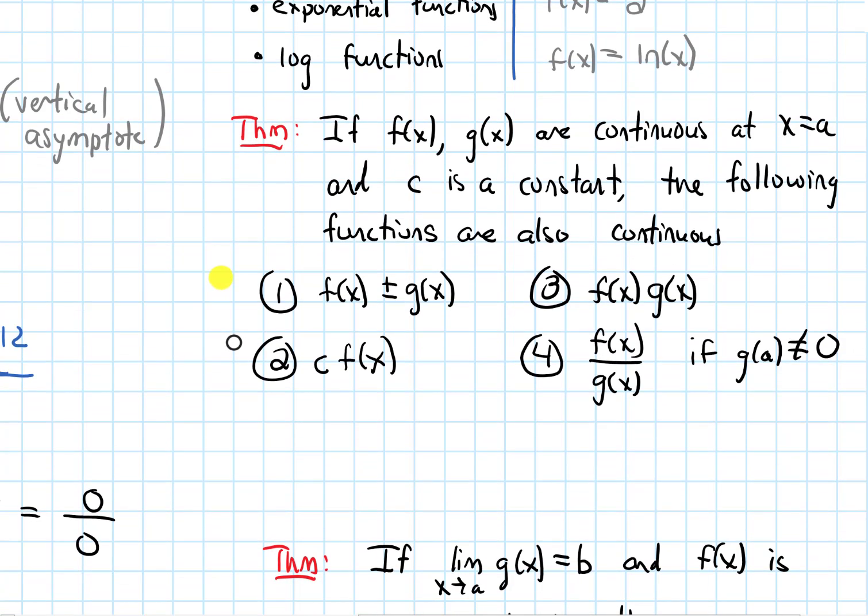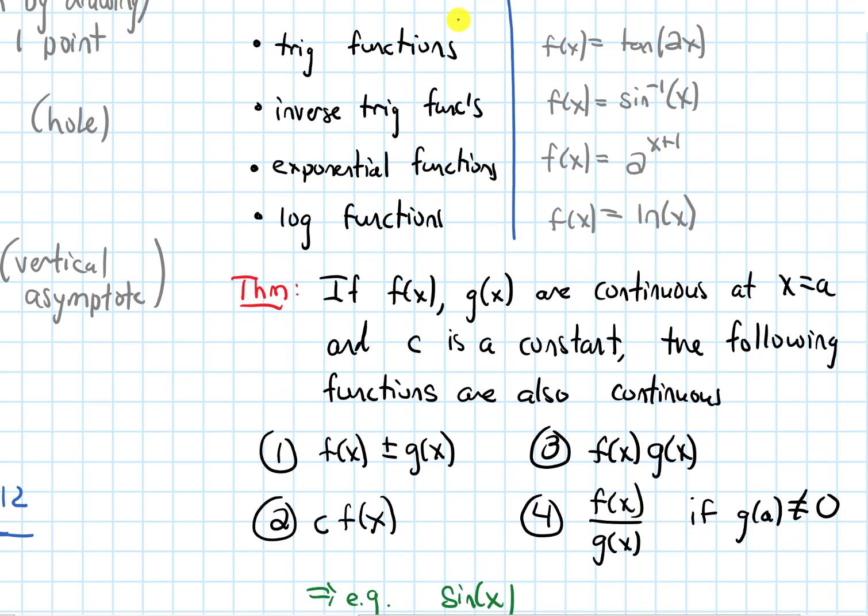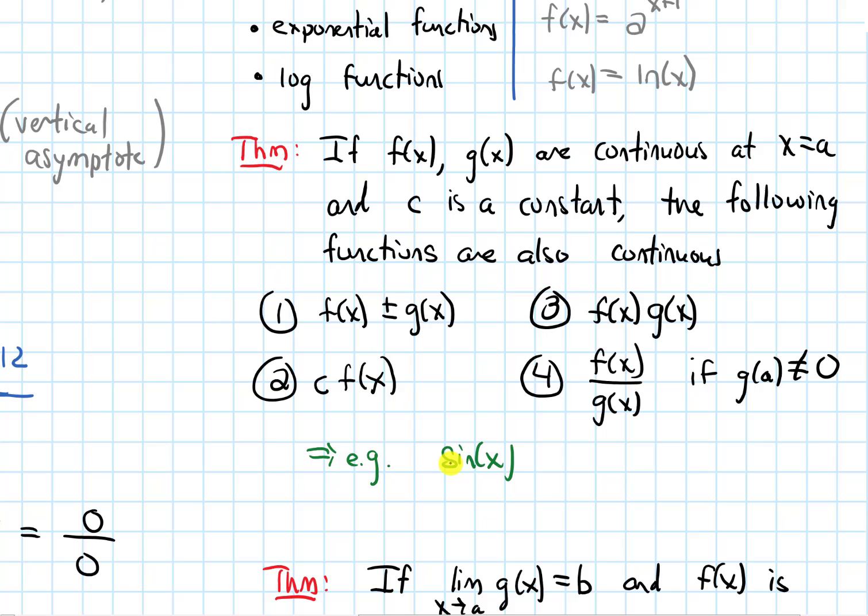As an example of how we could apply this, sine x is a trig function, and that was one of the things in this list that's continuous everywhere in its domain. And e to the x plus 1 is an exponential, so that's going to be continuous everywhere in its domain.